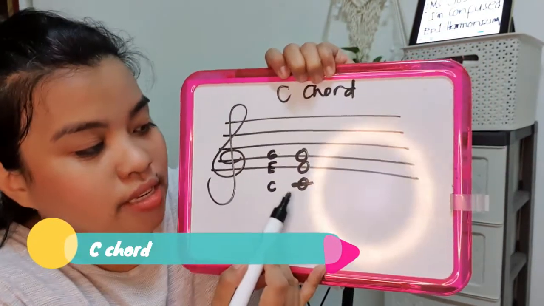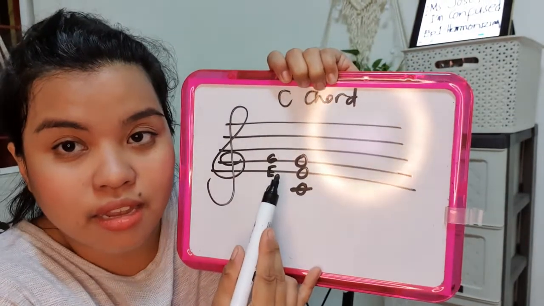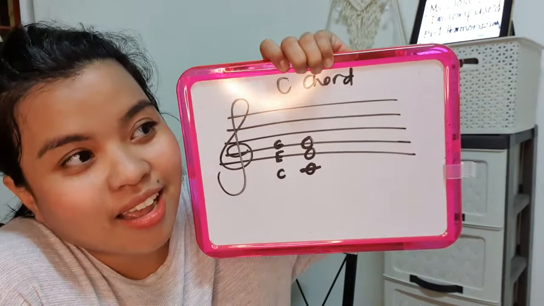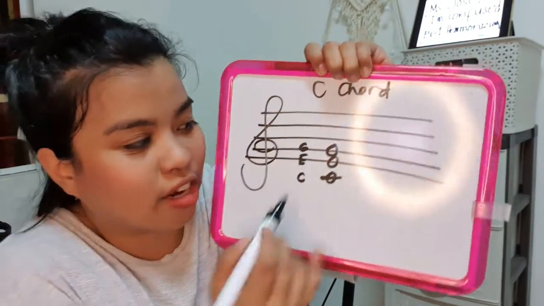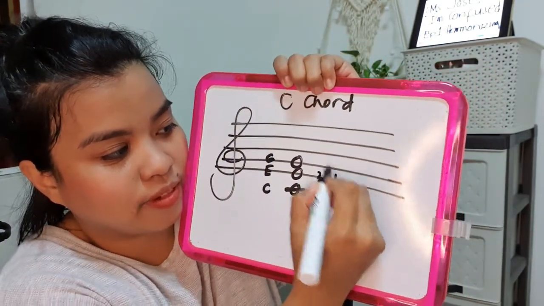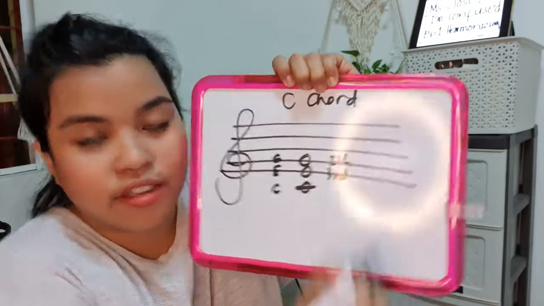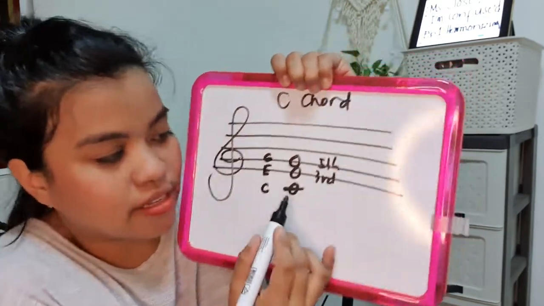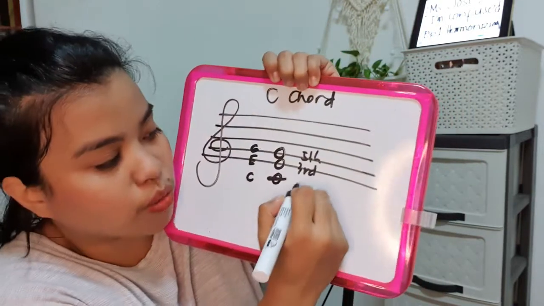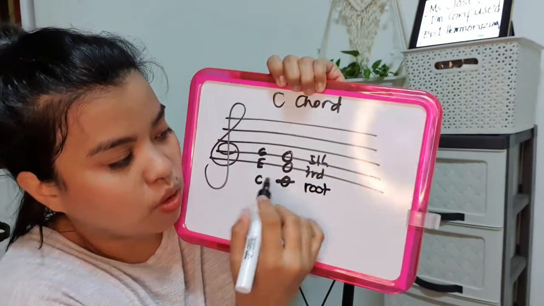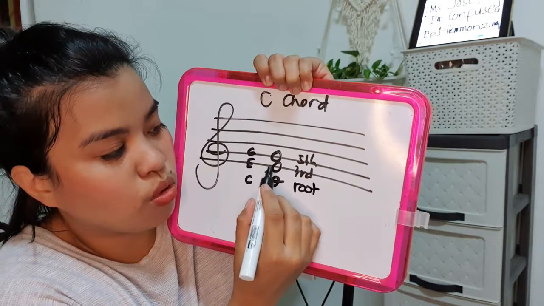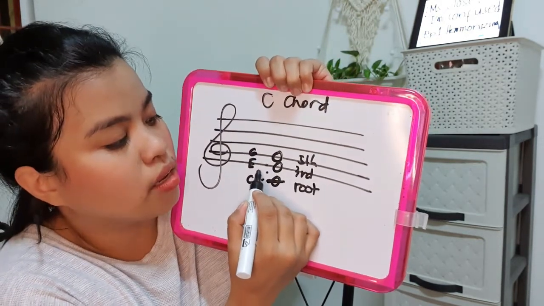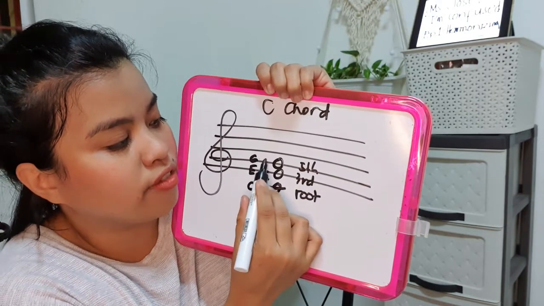The notes are C, E, and G. And it is the third and the fifth of C. C right here is number 1, or we call it the root. 1, 2, 3. Third. 1, 2, 3, 4, 5, fifth.